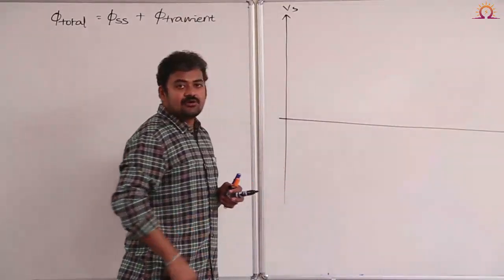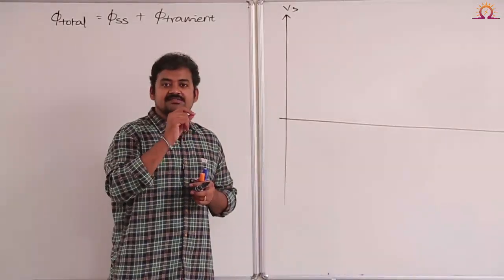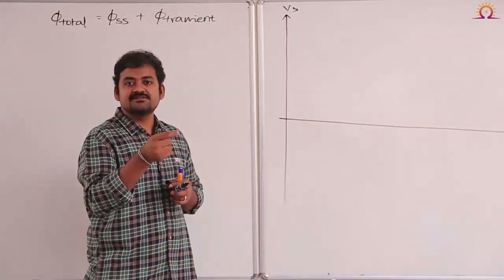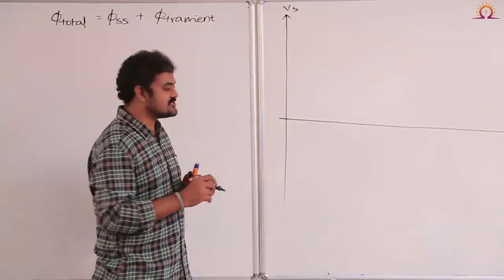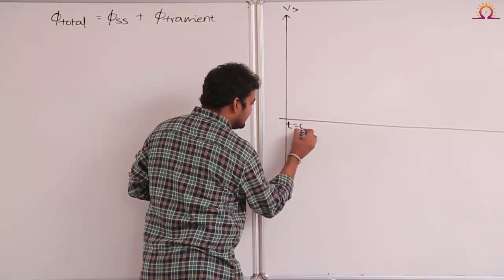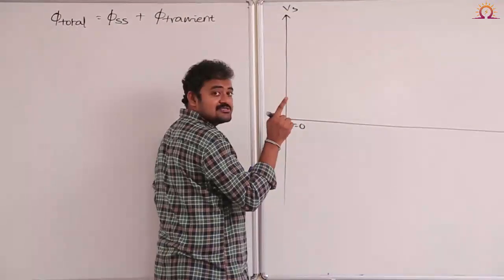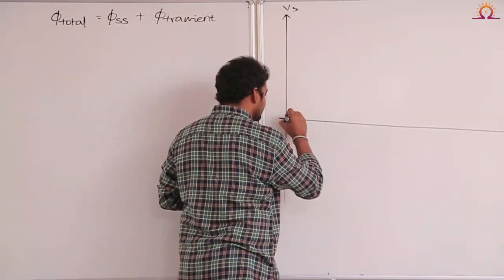Okay, as I told you that we are discussing about a condition where transformer is switched on at an instant where supply voltage is crossing its zero. Assume this is the time t is equal to 0. At this instant, supply voltage is crossing its zero value.